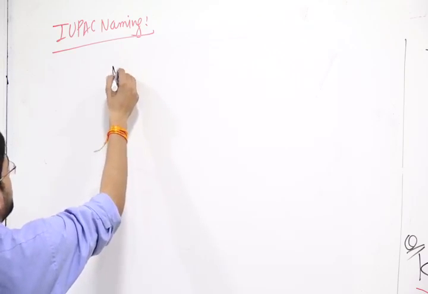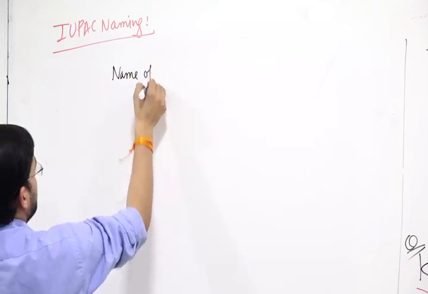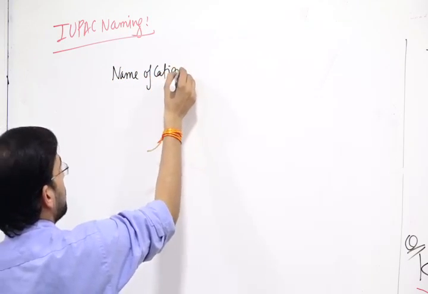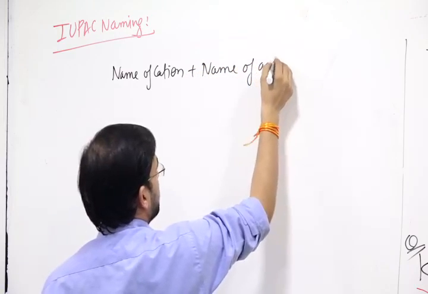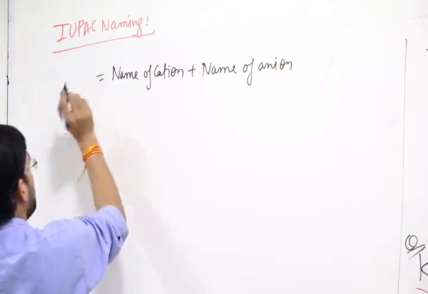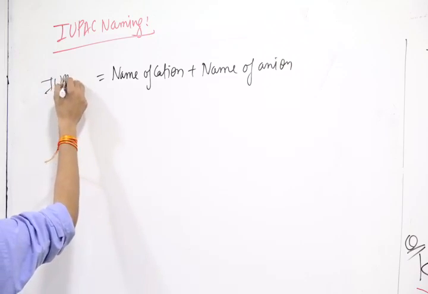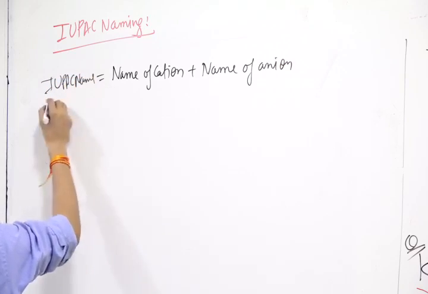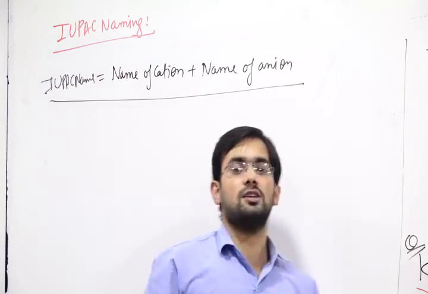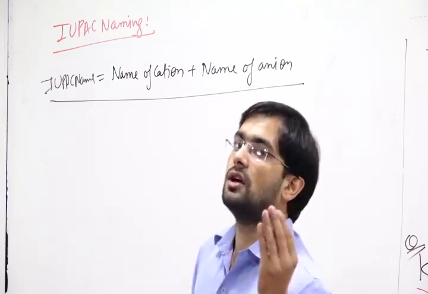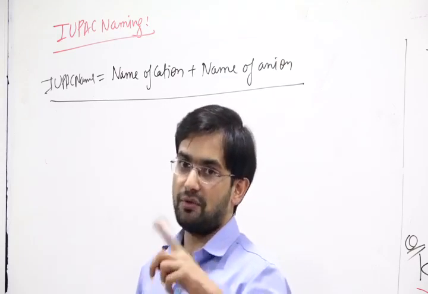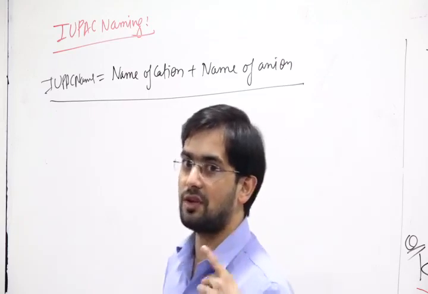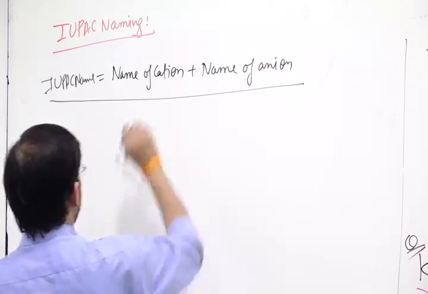First we write the name of the cation plus the name of the anion. This is the IUPAC name. The way I told you in organic chemistry: primary prefix plus root word plus primary suffix plus secondary suffix. This is the formula.